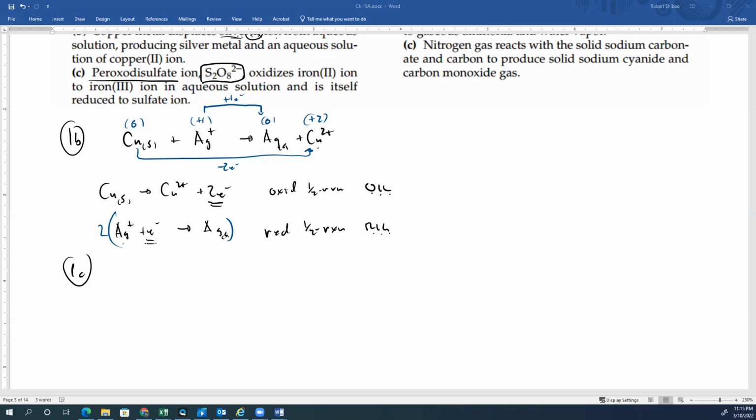Cleaning supplies? It would be pretty dangerous cleaning supplies if you used peroxodisulfate in them. Let me see. Is it a good reducer? No, it is not a good reducer. Where's my redox chart? I can't believe I don't have a redox chart here.